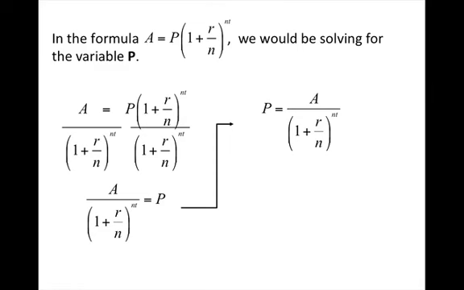And that's what I'm going to do for this formula. So my formula for principal is P equals A times 1 plus R over N raised to the negative NT power. So this is the formula we're going to use when we're finding the principal.